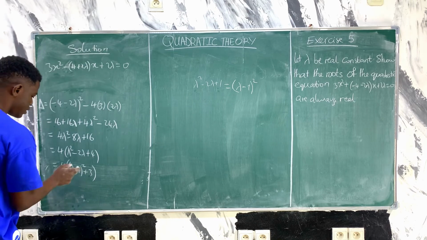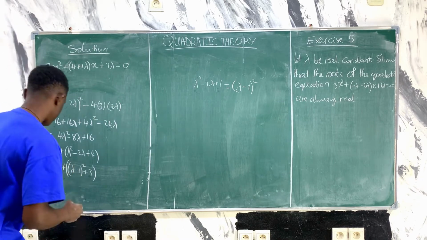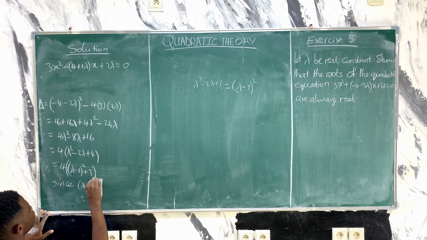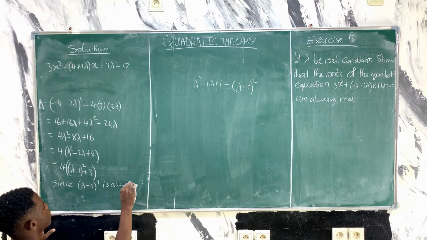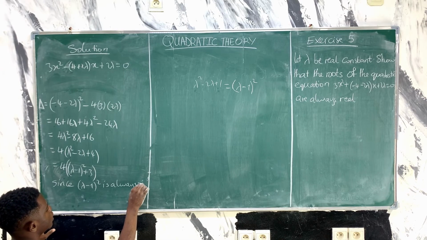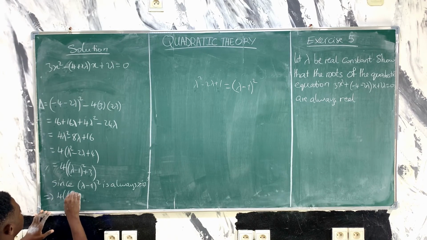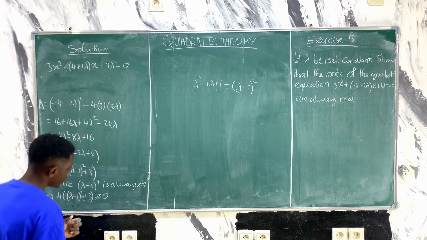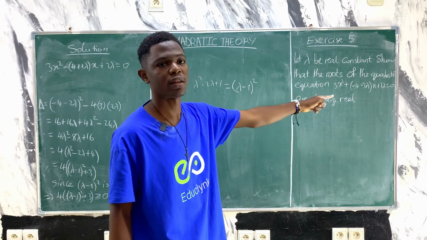So how can you finalize this? You can say, since lambda minus 1 all squared is always greater than or equal to 0, it implies 4 times (lambda minus 1 squared plus 3) is always strictly greater than 0, which implies, hence, that the roots are always real.